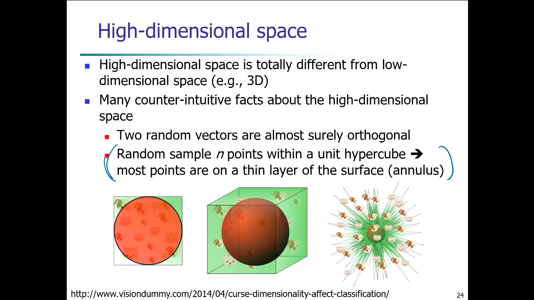If you think about 2 dimensions, if I have a unit cube, the length of the side is 1, so the area is 1. And if you have a smaller square, which is 0.9 on the sides, the area is 0.81. So 81% of the area is within the smaller square.